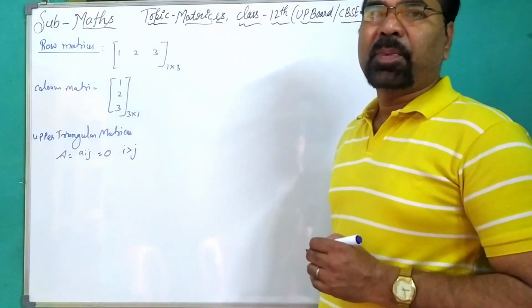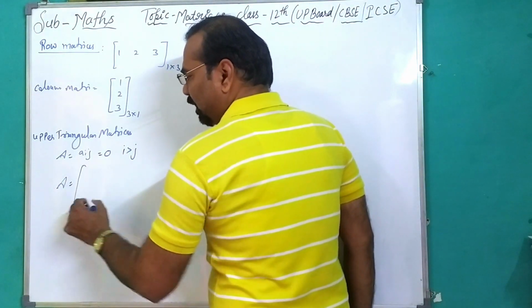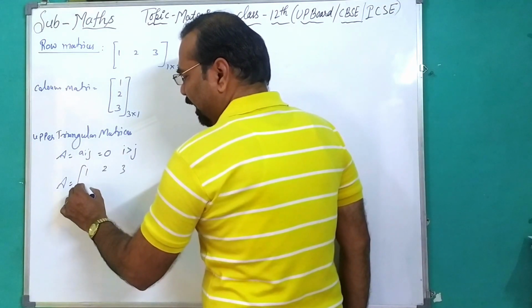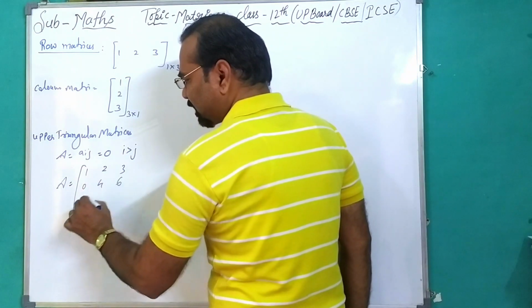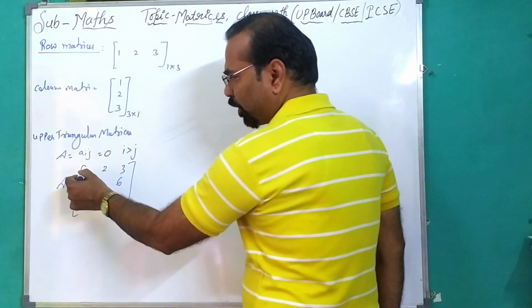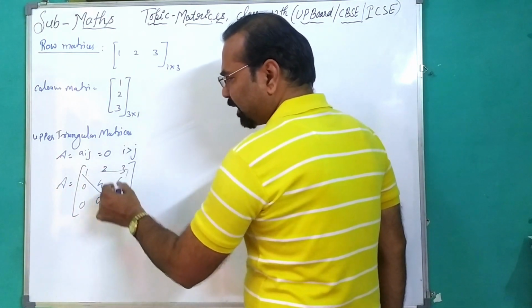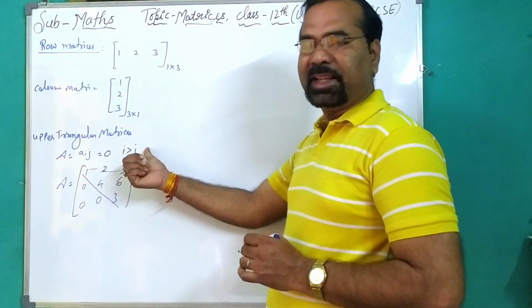Like that, suppose a matrix A is 1 2 3, then you can write here 4 0 6, 0 0 3. That is the upper triangular. You can see it is in a triangular form, so we can say it is the upper triangular matrix where i is greater than j.